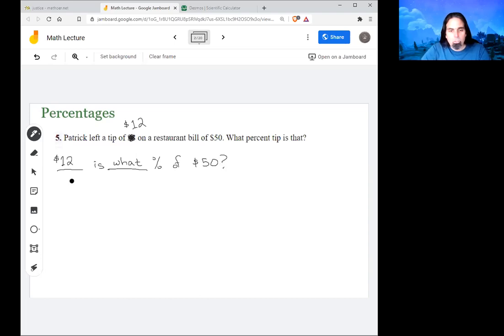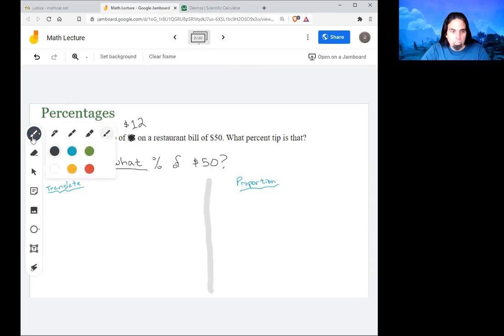So there were two ways to do this. You could do a translate way, or you could do a proportion way. If you're doing the translate way, then you take each thing and translate it.